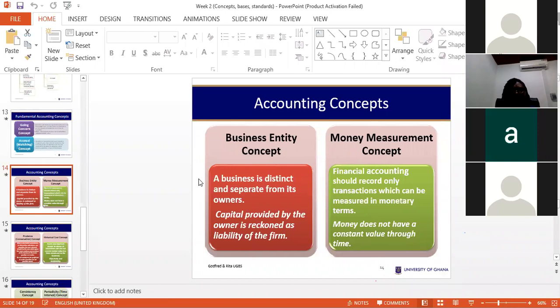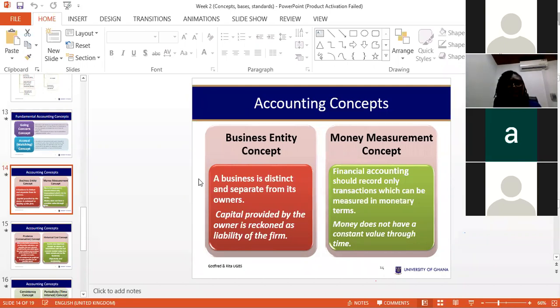It means that for every business, in law, the business is a legal and artificial person. It's a separate legal entity. It can sue in its own name and be sued. The only issue is that the business cannot act on itself because it is artificial. So it is the people who manage who act for it.